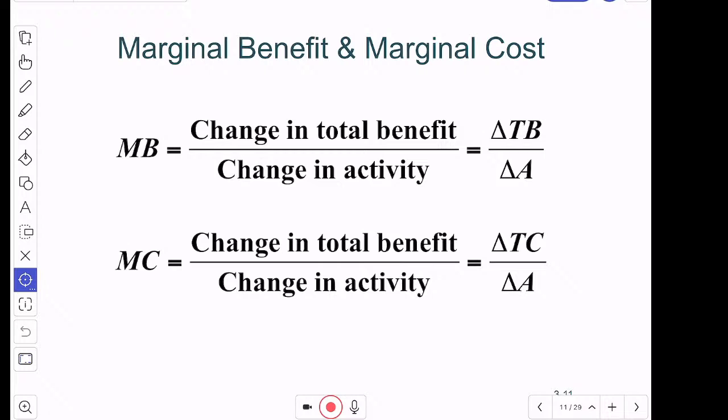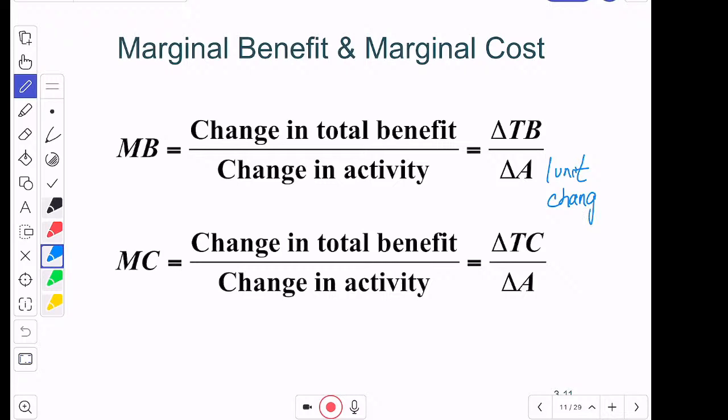Marginal benefit, what does it mean? It means for 1 unit change in the level of activity, total benefit changes by this amount.